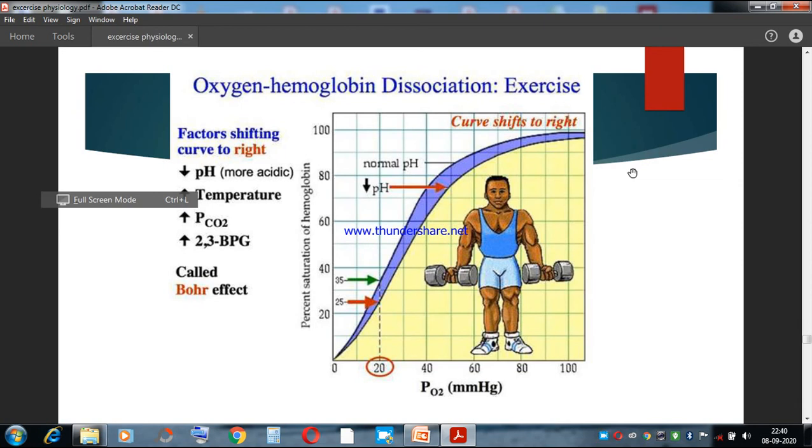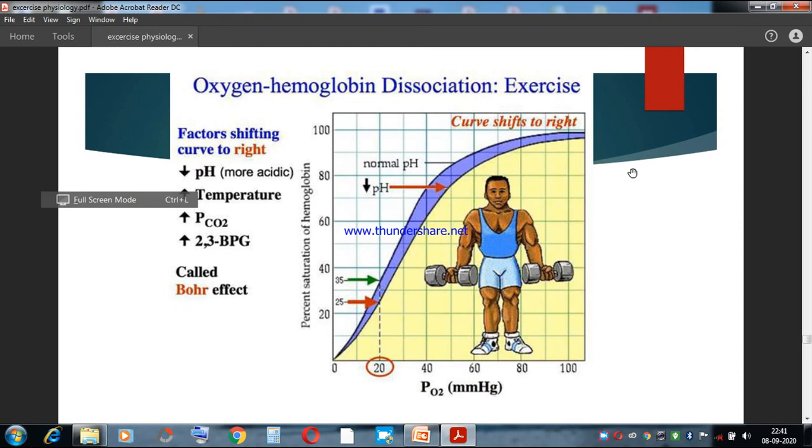Now, factors that cause this curve to shift towards the right are decreased pH, that is a more acidic environment, increased temperature, increased partial pressure of carbon dioxide, increased 2,3 BPG.